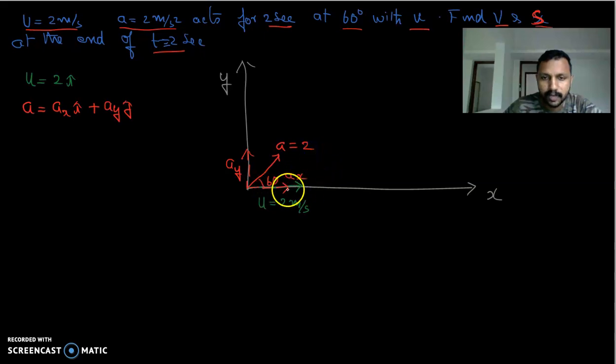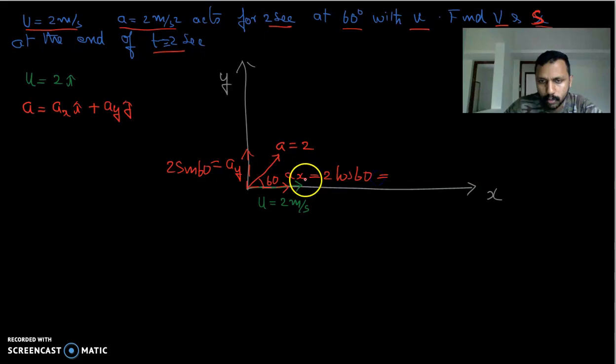Therefore, ax will be the cos component of a, that is a cos theta. Ax will be 2 cos 60. Is that clear? Ax should be 2 cos 60, and ay will be 2 sin 60.